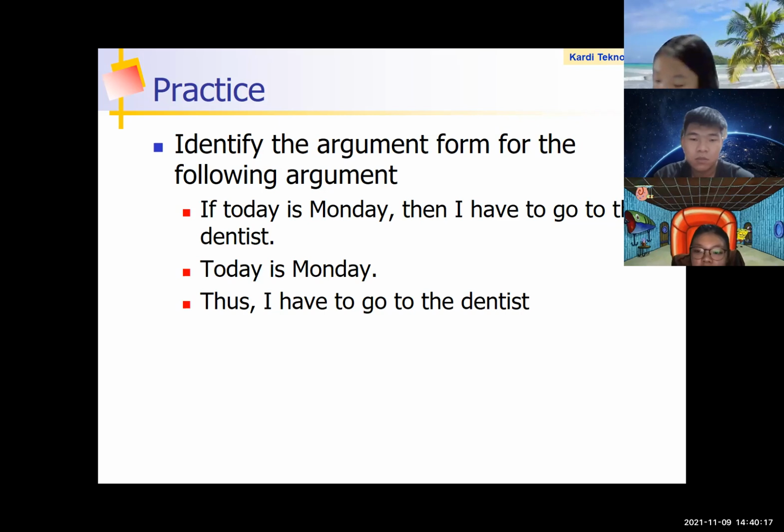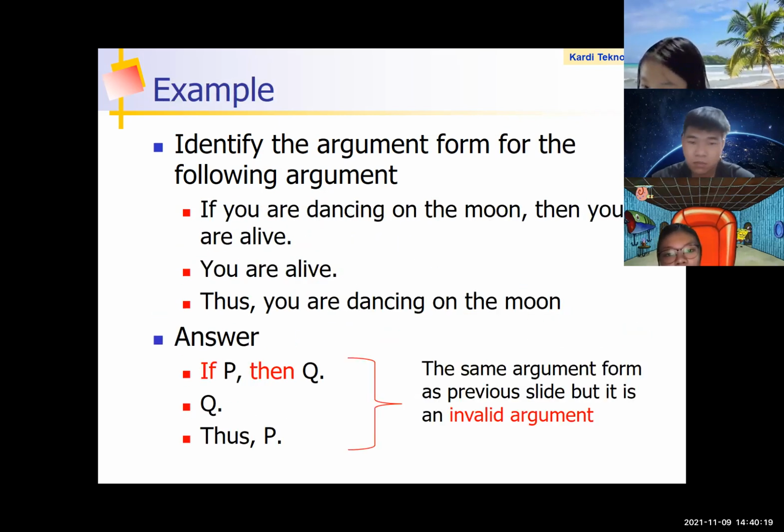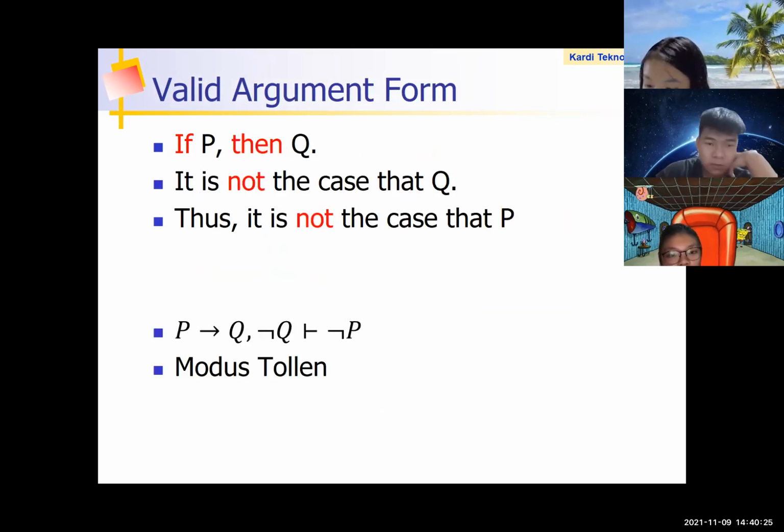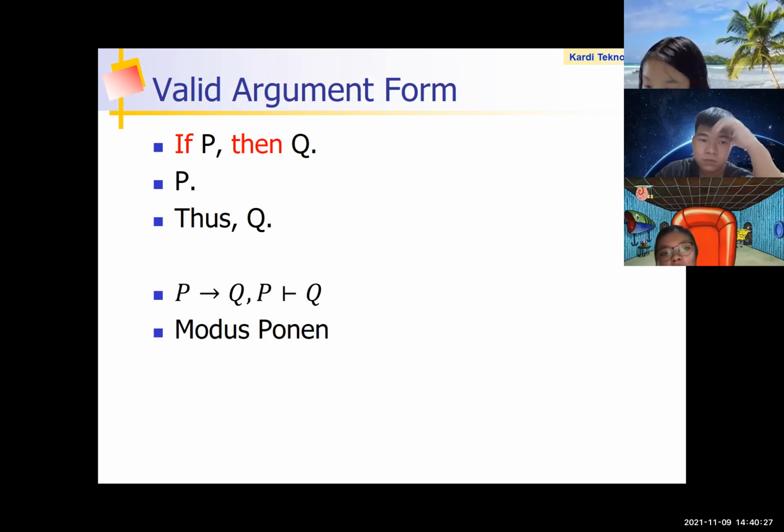So this kind of form, you remember? There is a name for this form, right? The name of this form is called modus ponens. If P, then Q. P, therefore Q. So this is called modus ponens.